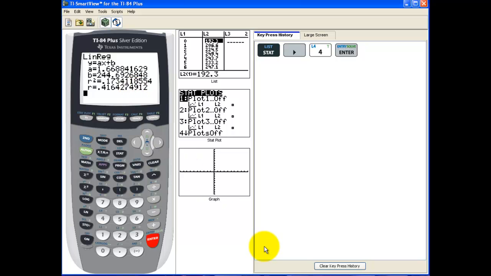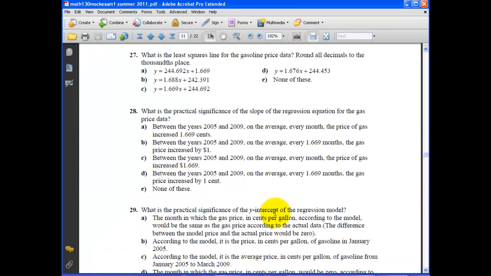So let's take a look at that question and see if we can figure out which one is correct. The slope is 1.669 rounded to the thousandths place, and the y-intercept would be 244.693 rounded to the thousandths place. So I'll go back to the mock exam, and it looks like choice C would be the one we want to go with here.